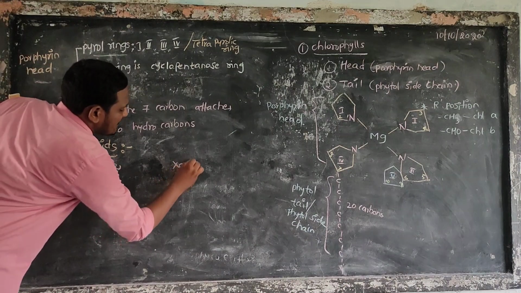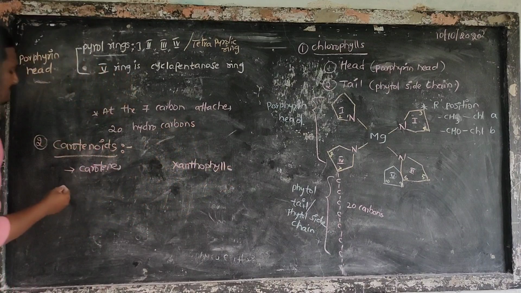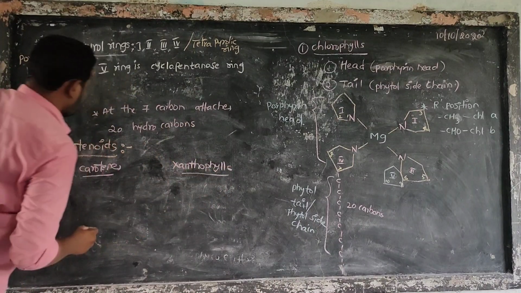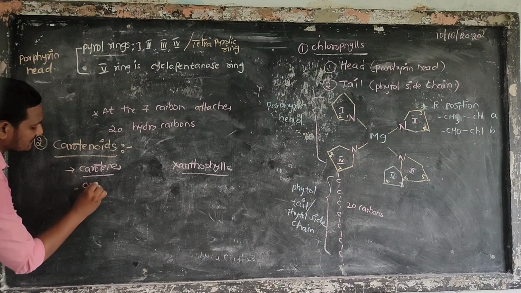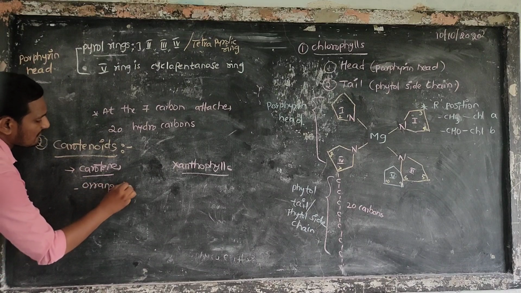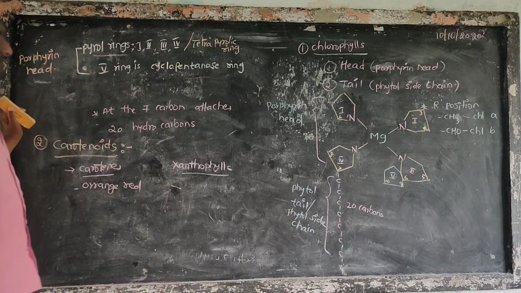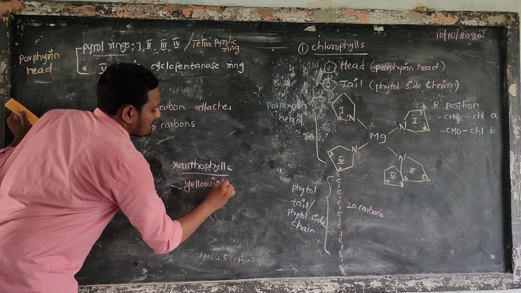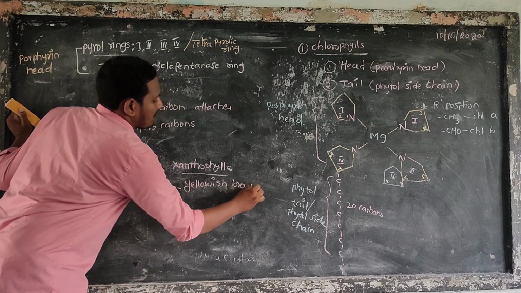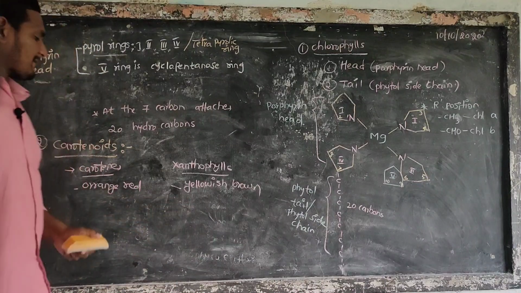Next, xanthophylls. Carotenes are mainly orange red in color. Xanthophylls are mainly yellowish brown. Orange red and yellowish brown.